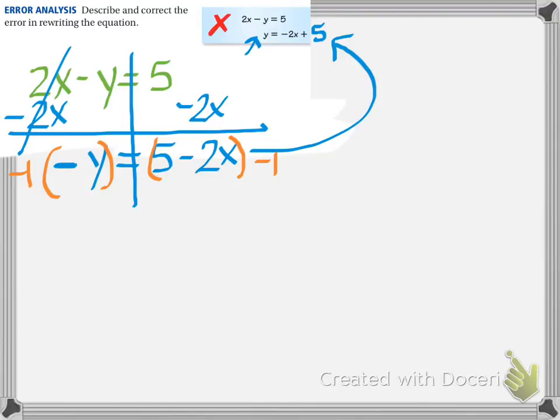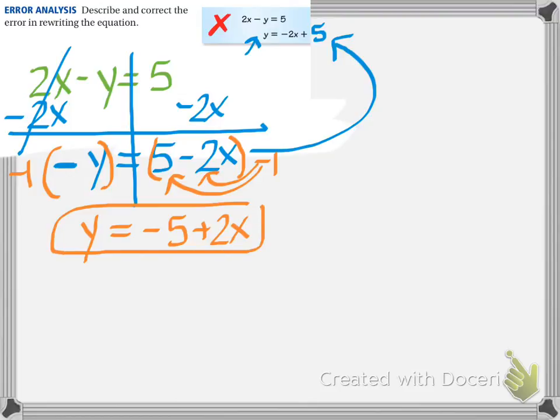So -1 times -y is positive y. -1 times 5 is -5. -1 times -2x is positive 2x. So our final answer was y equals -5 plus 2x, whereas theirs was y equals -2x plus 5.